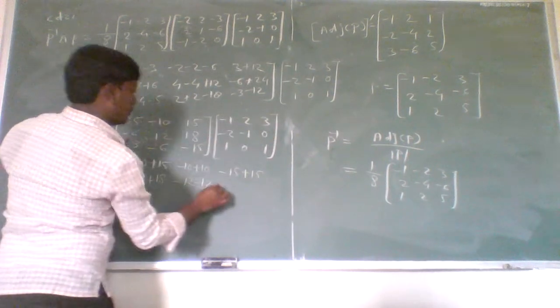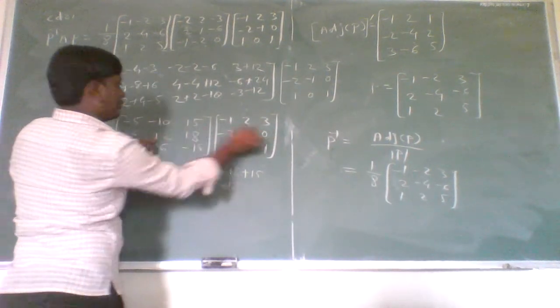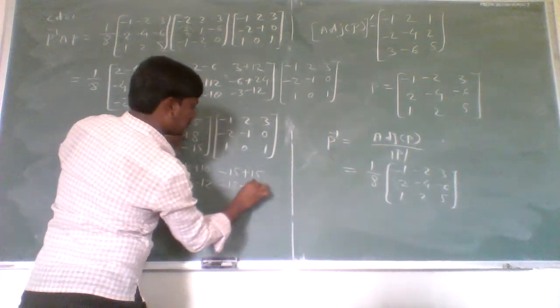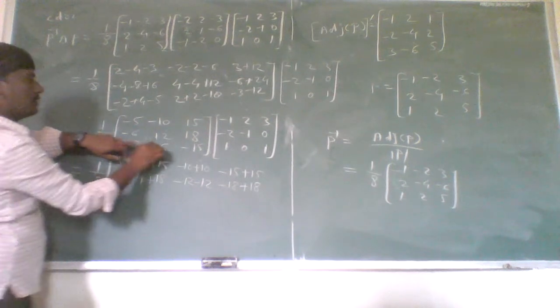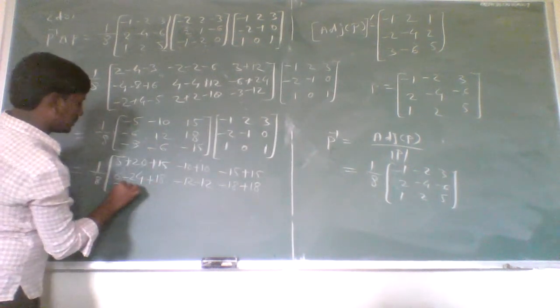Minus 6 into 3 minus 18, 12 into 0 is 0, plus 18 into 1 plus 18. Minus 3, minus 1 plus 3, minus 6, minus 2 plus 12.